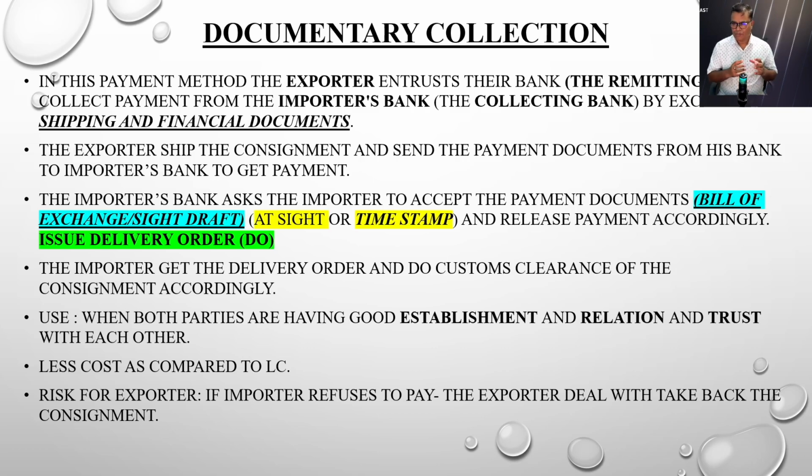If you accept, we can make payment and you can get the consignment cleared. On seeing those details or documents, the buyer agrees to the payment and makes payment to the buyer's bank, or collecting bank here, and then the bank gives them the delivery order, the airline delivery order. Without this delivery order, the buyer cannot get the consignment cleared from customs.